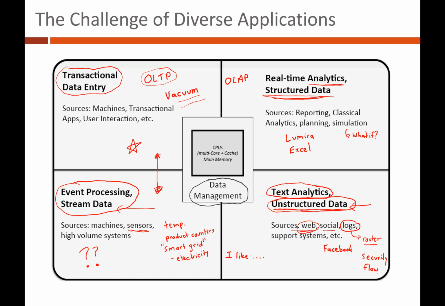So the whole point of this slide is there are all kinds of different data that we might have to deal with as an organization, and we have to come up with strategies and techniques for how to manage this data. Now, this is a very contemporary problem.